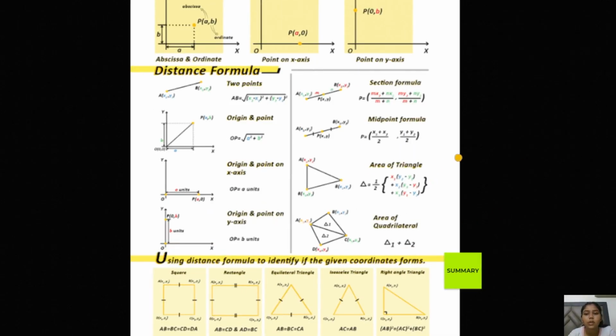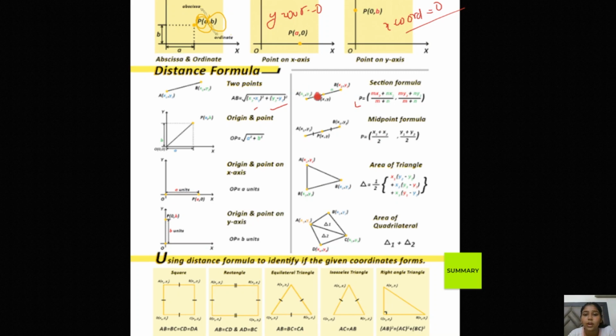So this is the short summary for this particular chapter, right? This is what abscissa and ordinate are. The first coordinate is the abscissa and the second is the ordinate, right? Now when you have to plot a point on the x-axis, then the y coordinate is always equal to 0, and when you have to plot a point on the y-axis, then the x coordinate is equal to 0. Now the distance formula is root over (x2 minus x1) whole square plus (y2 minus y1) whole square.